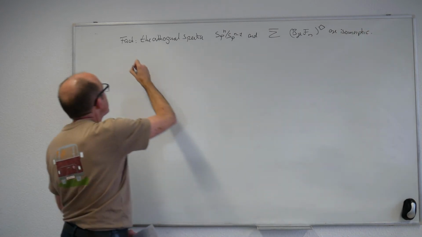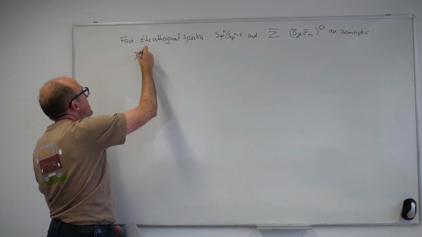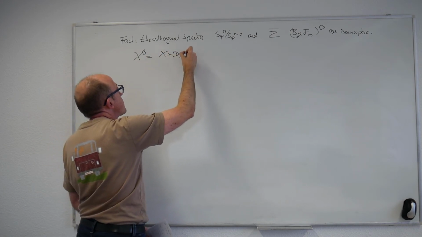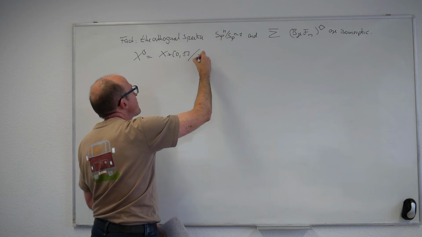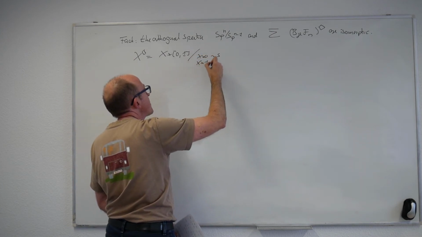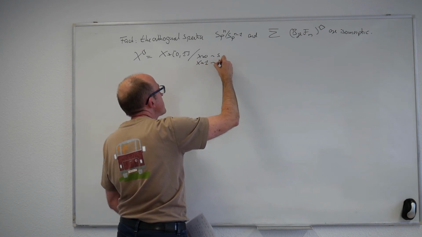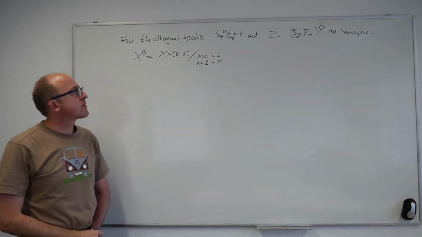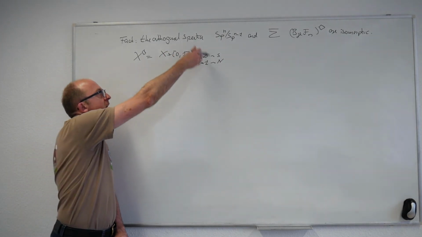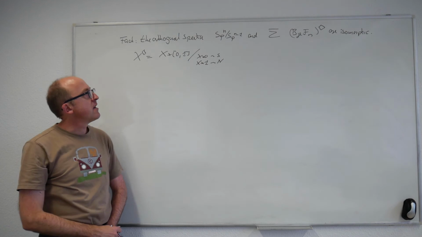So here X diamond is the unreduced suspension. So this is X cross 0, 1. And then you're identifying X cross 0 to one point, say the south pole. You're identifying X cross 1 to another point, say the north pole. So this takes an unbased space and turns it into a based space where you pick either the south or the north pole as your base point.